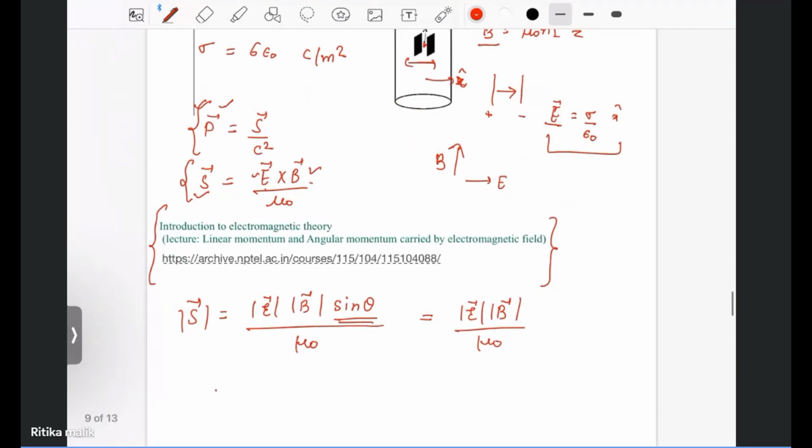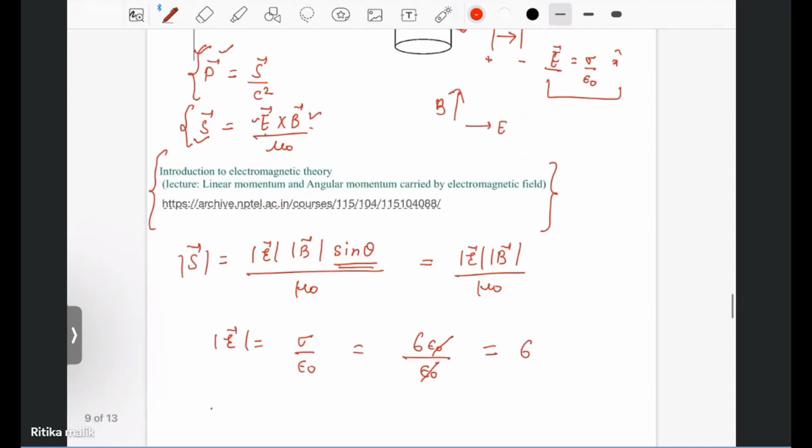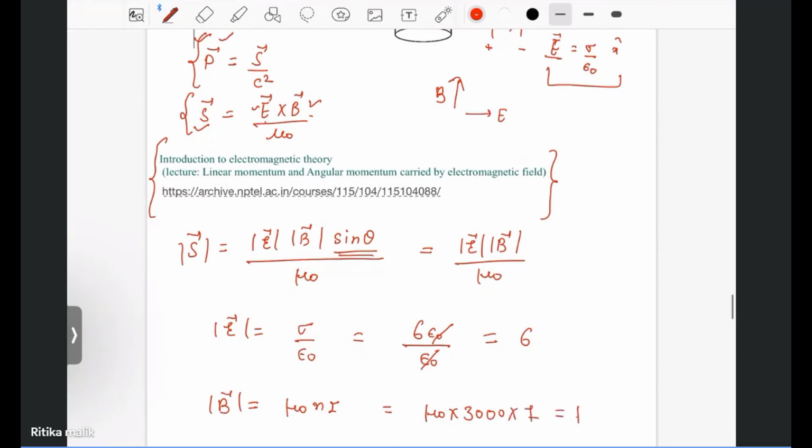So mod E is sigma upon epsilon naught. Sigma is the charge density which is given to us as 6 epsilon naught. Epsilon naught will cancel out, and we are left with 6. The magnitude of the magnetic field is mu naught n i, where n is the number of turns per unit length, which is given to us as 3000, and i is 1 ampere. So we are left with mu naught into 3000.